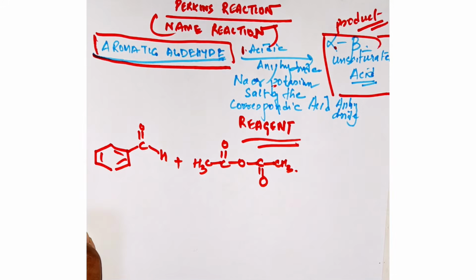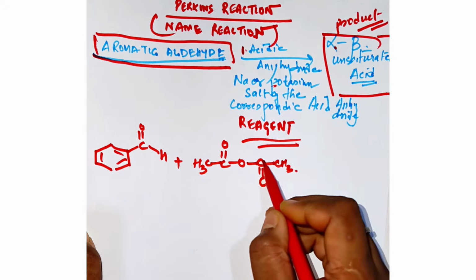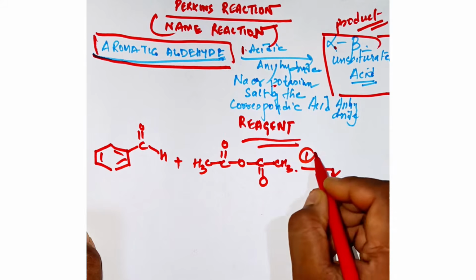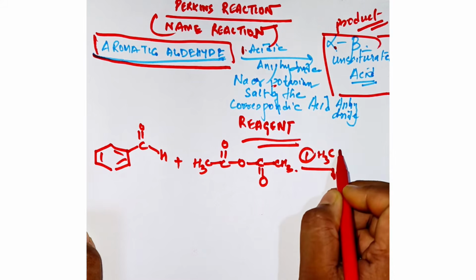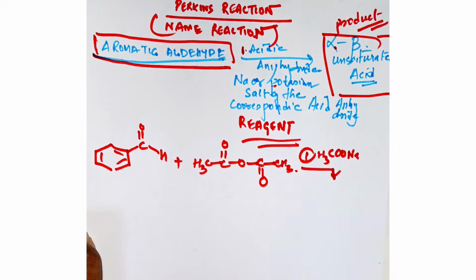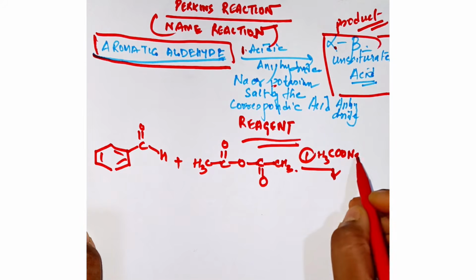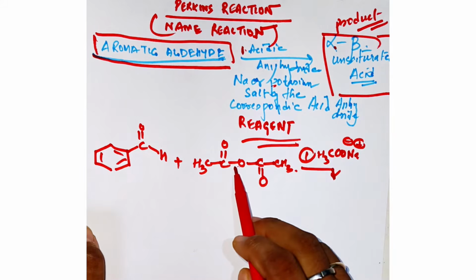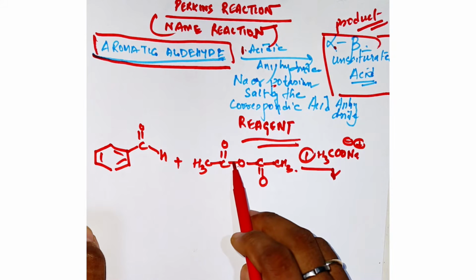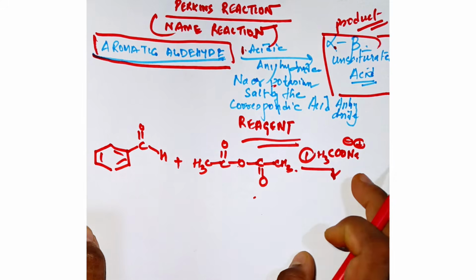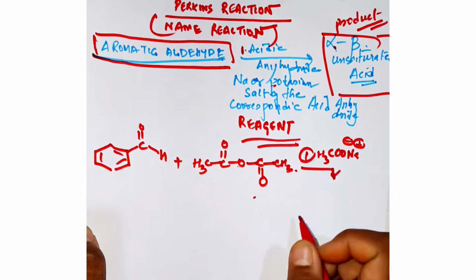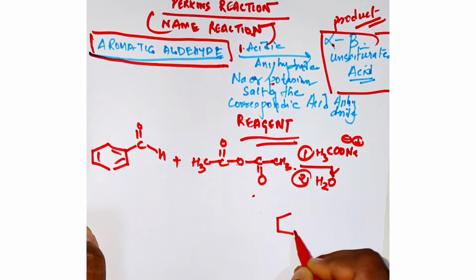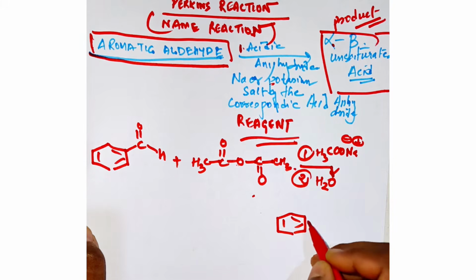You are treating this with, first, CH3COONa, the sodium salt of acetic acid, because if you break the anhydride and attach sodium, you get two molecules of the sodium salt of acetic acid. The second step is hydrolysis, and then you are going to get a molecule called an alpha beta unsaturated acid.